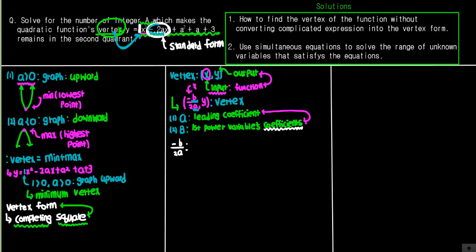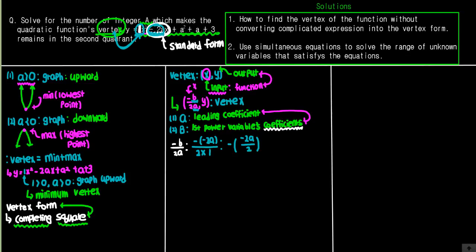So our coefficient will be negative 2a. So we can write negative, and we still have negative 2a. For the denominator, we have 2 times a, where a is the leading coefficient, which is 1. So if we finish our expression, it will be negative negative 2a over 2.